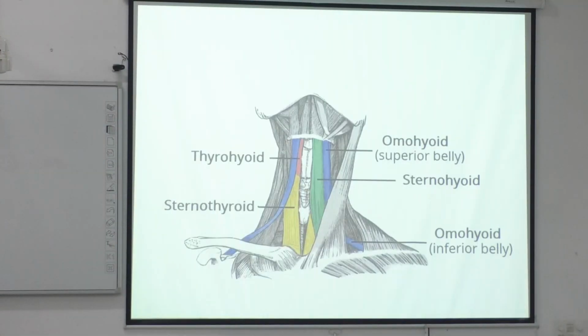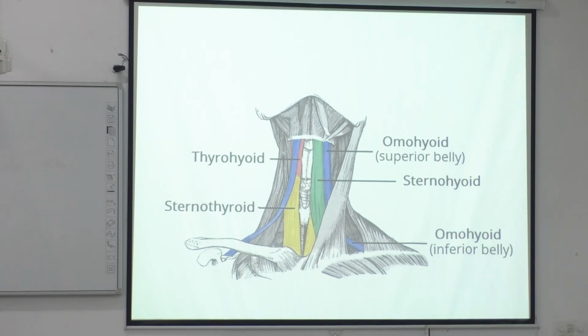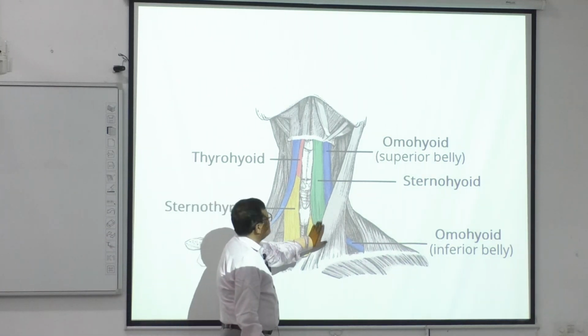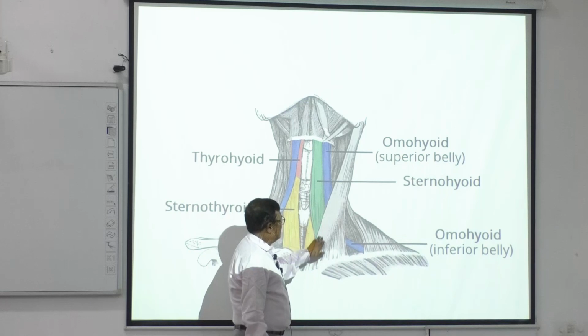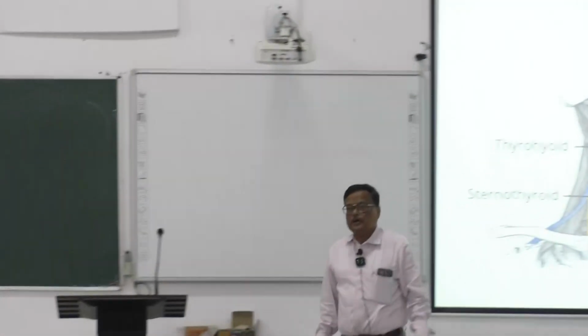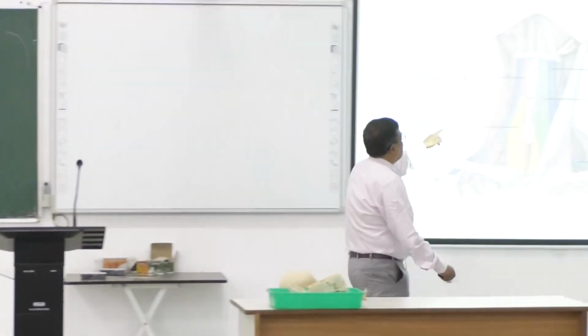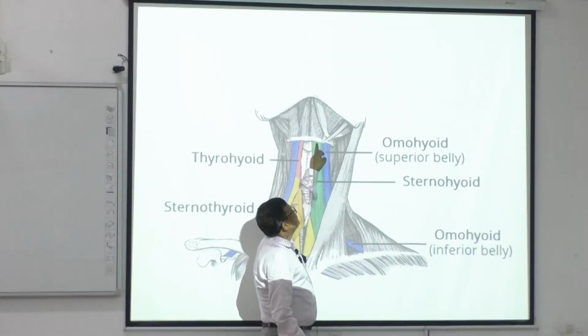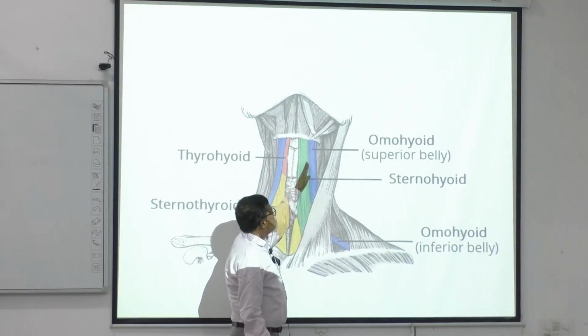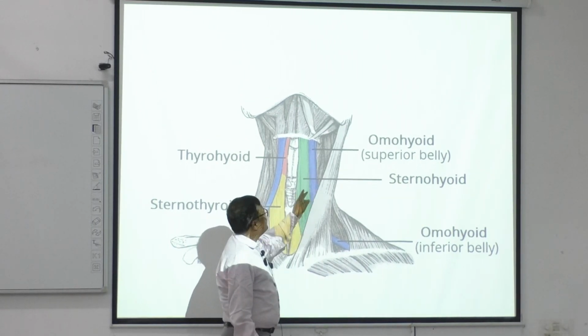These are two important muscles here; you know a little, you read in the sternum: sternohyoid and sternothyroid muscle. The sternohyoid muscle takes origin from the posterior surface of the manubrium sterni and attaches to the lower border of the hyoid, and it goes about parallel to the superior belly of the omohyoid.